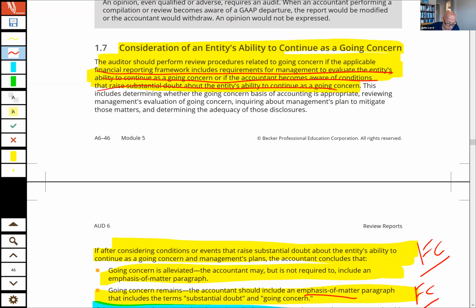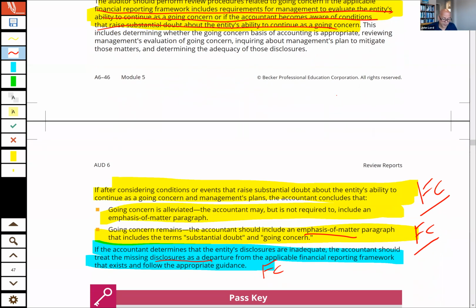If it comes to our attention, then we can go ahead and ask about the mitigating factors. And if the going concern is alleviated, we don't have to put an emphasis of matter. If we do have a going concern issue, then we put the emphasis of matter. If they don't disclose properly, then we put something in the known departures.